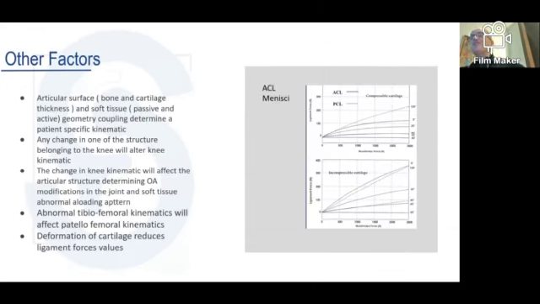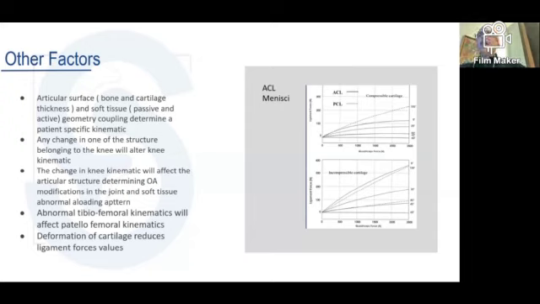Other factors of this laxity of the knee: articular surface, bone and cartilage thickness, soft tissue, passive and active, geometry coupling determine a patient-specific kinematic. It means the more cartilage you have which is thick, the more give there is. When you lose the thickness of the cartilage, the joint becomes more stiff.